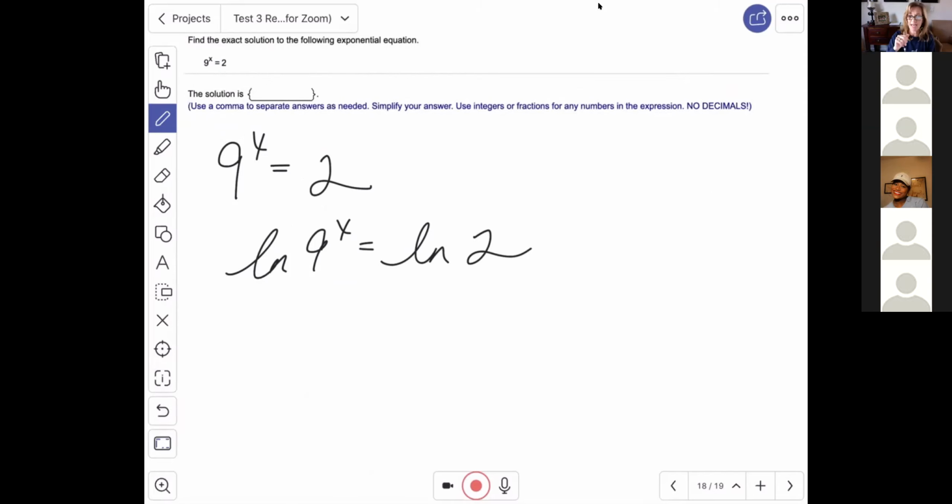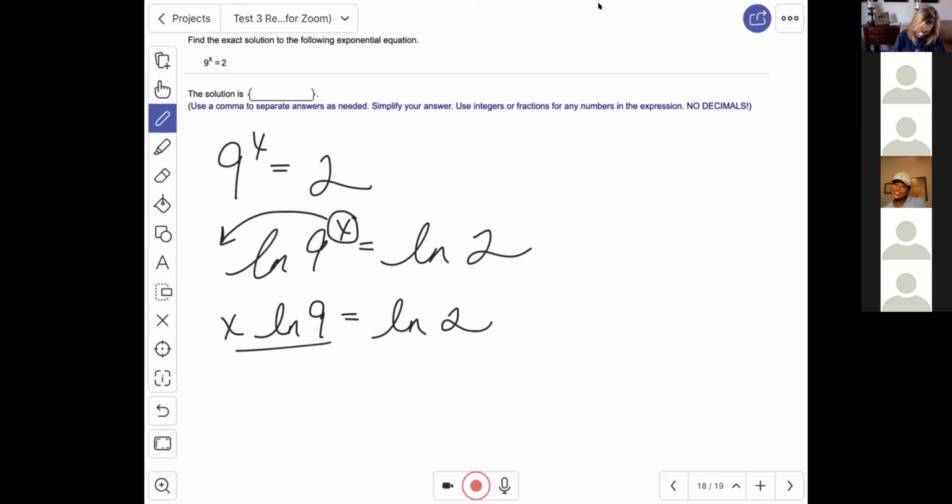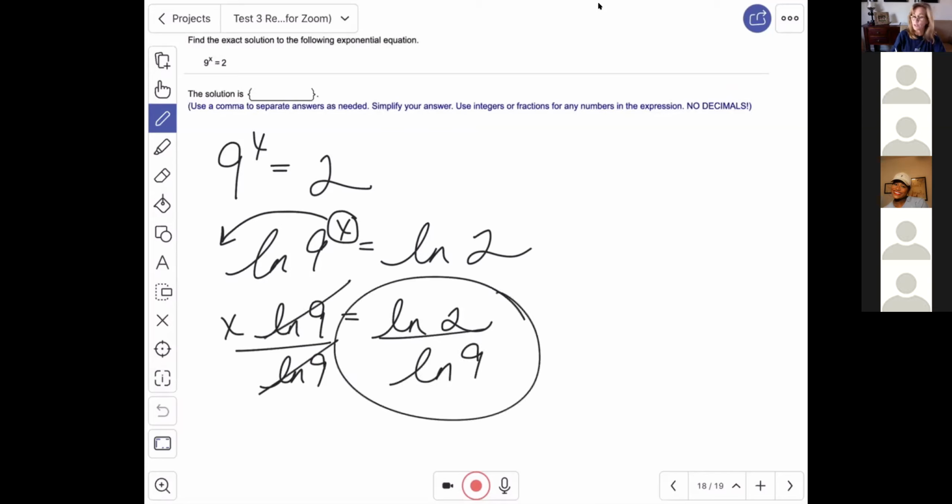So you could have done natural log or you could have done log. Doesn't matter. By taking the log of both sides, now I can bring x down. And then finally, this is just a number, so natural log of 9, you can divide out. And that is what they're looking for.